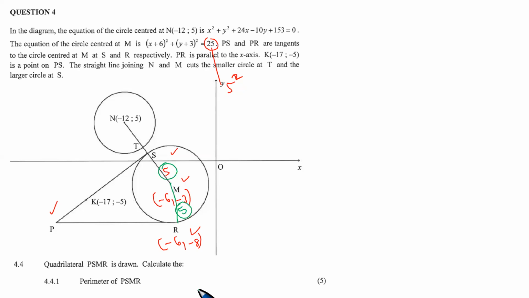Okay, so we continue. Right, so we want to find the length of this. To find the perimeter, we know the coordinates of R, but we need to know the coordinates of the point P, for example.